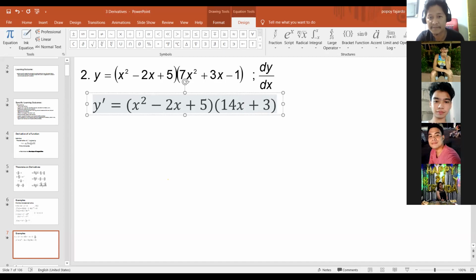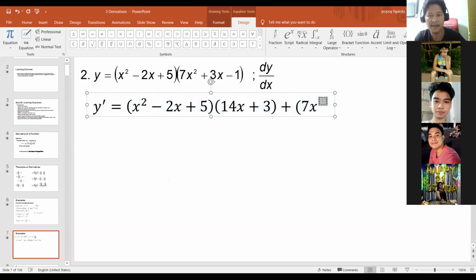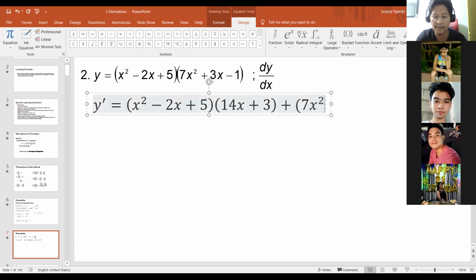Next is, we now add with, copy naman natin yung pangalawang factor. Yung 7x squared plus 3x minus 1, and then close. And then we now multiply with the derivative of the first factor.